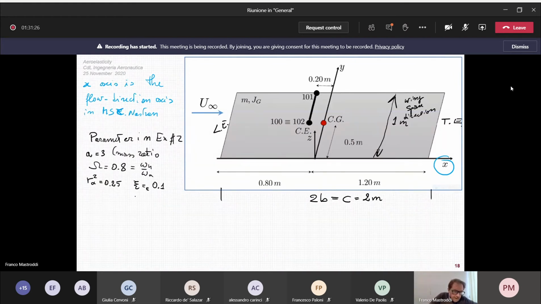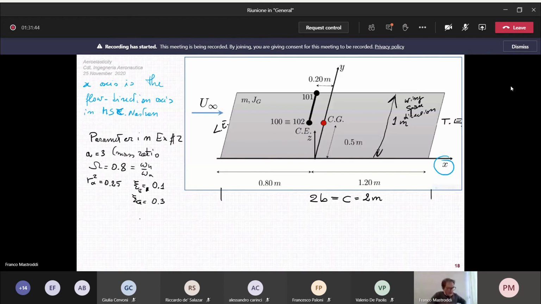And finally, this is CE and CG, which is the distance between the center of mass and the aerodynamic center, equal to 0.3.